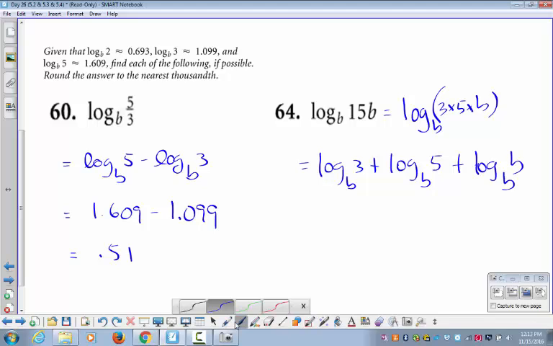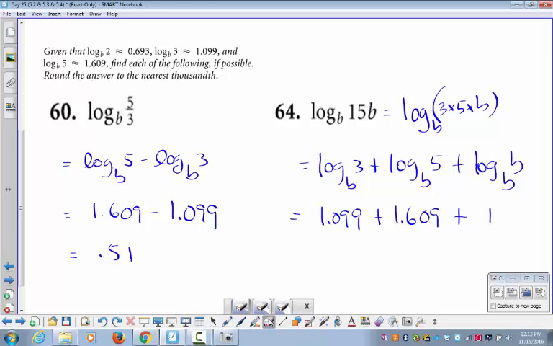And what's log base b of b? 1. So then we're going to have log base b of 3, which is 1.099. Log base b of 5, which is 1.609. Somebody get that entered and equal. What do we get for that?